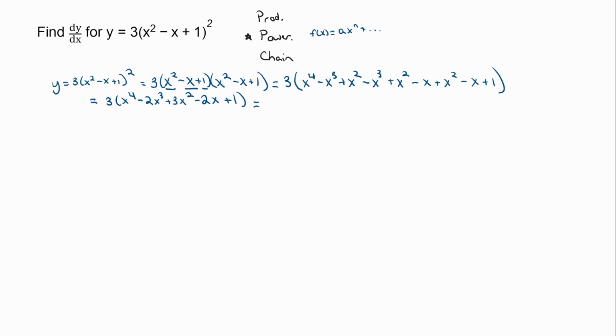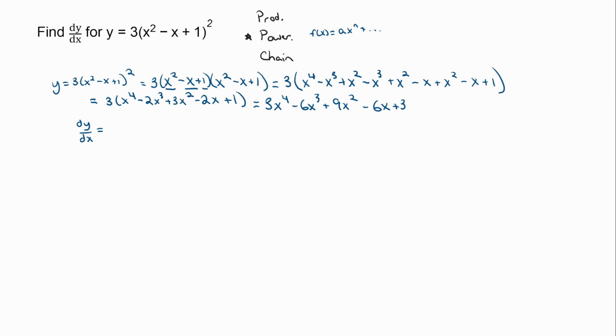If we distribute this 3 here, we'll get our polynomial function: 3x to the 4th minus 6x cubed plus 9x squared minus 6x plus 3. And so if we take the derivative of y using the power rule, dy over dx, we'll use the power rule on each individual term, multiplying by the exponent and then subtracting 1 from the exponent.